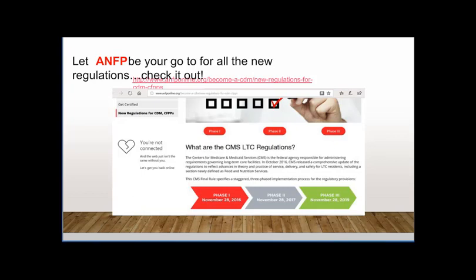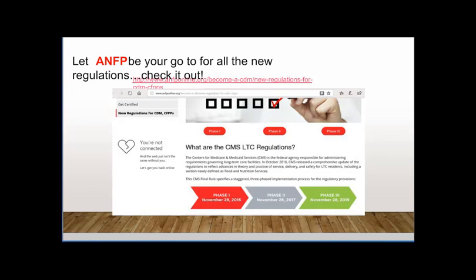Okay, so on the screen, you're going to log into www.anfponline.org. Then when you come to that screen, I'm going to log in myself so we can get that.